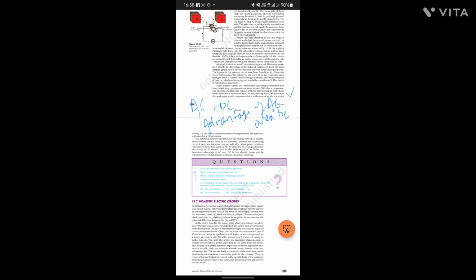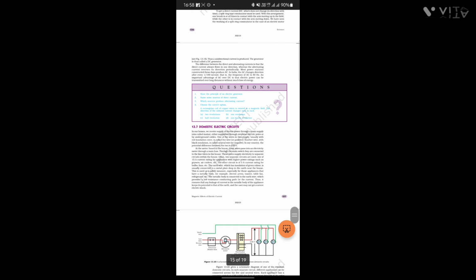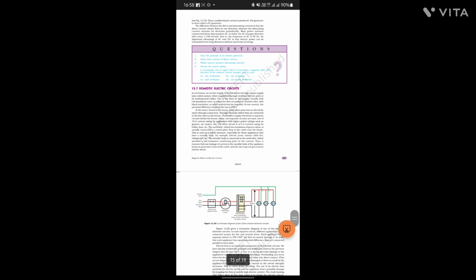Questions number 2 and 3 are related to your AC current and direct current. Go through these questions. Again, coming to the domestic electric circuit, we will have the concept of the fuse.